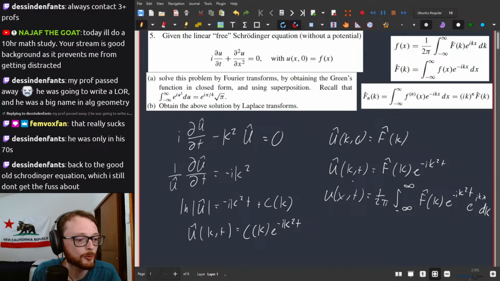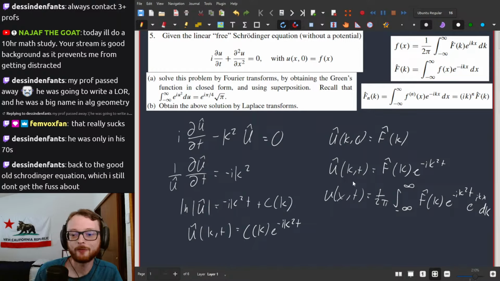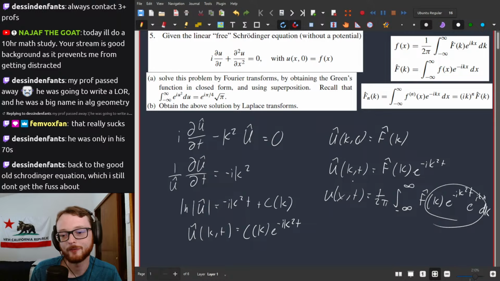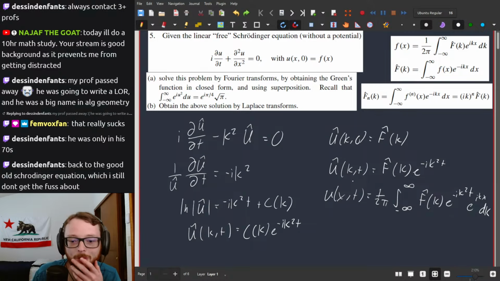That's a good old Schrodinger equation, which I still don't get the fuss about. I mean, I have no clue what it means. I just want to solve this PDE. But this is where I got stuck the last time, which is this integral sucks balls.